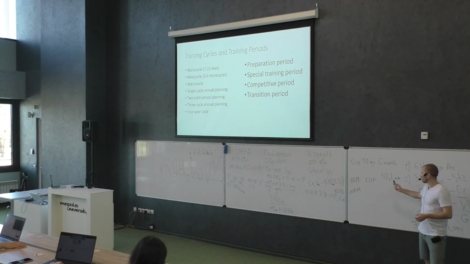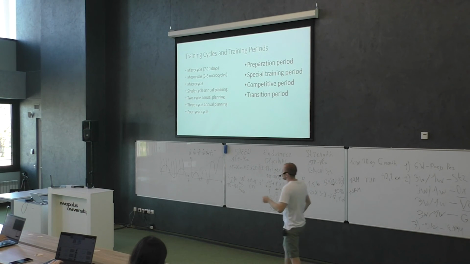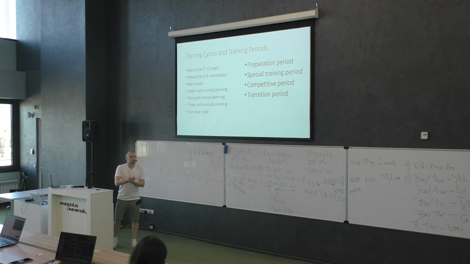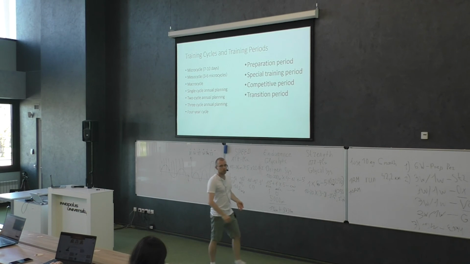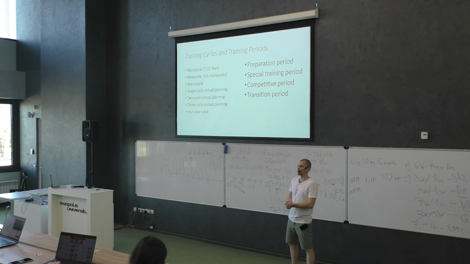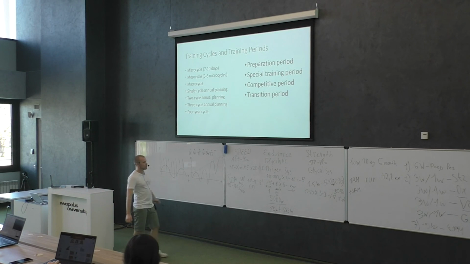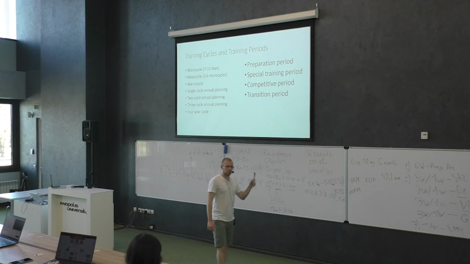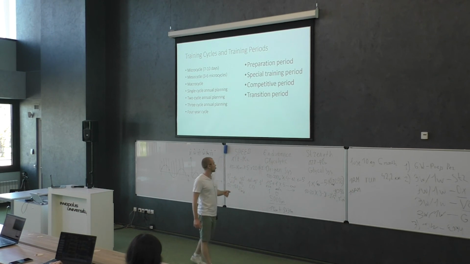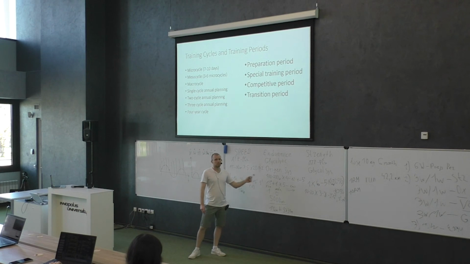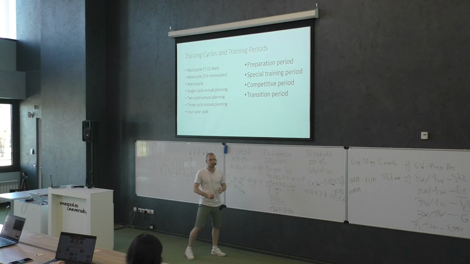Also, professional athletes, depending on the type of sport, use a single cycle annual plan. It's like this: when we decide that we will run the marathon just once a year, we use a single cycle annual plan. You can use this annual plan year after year, just changing the parameters of your trainings every year.